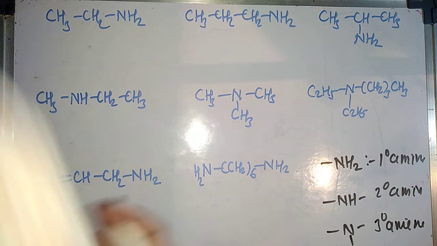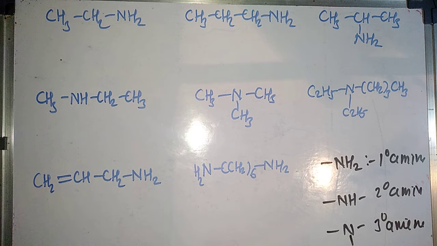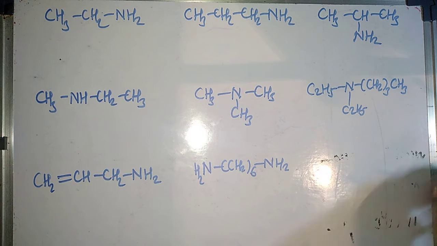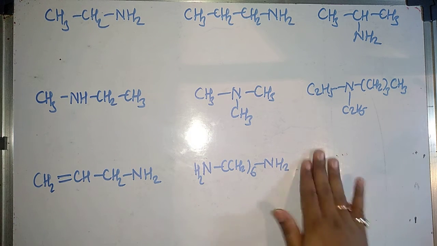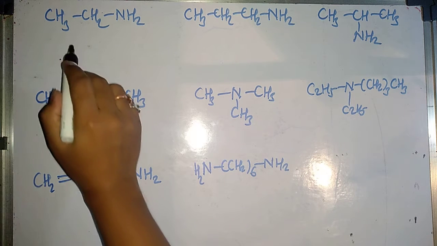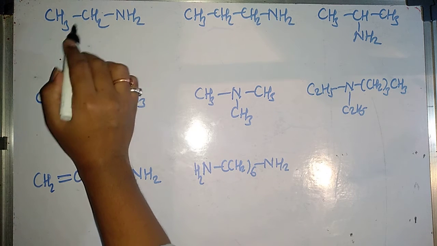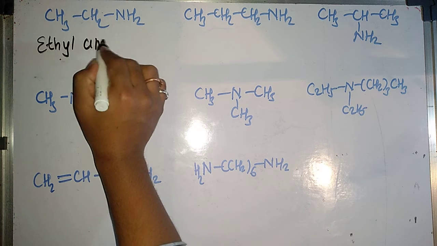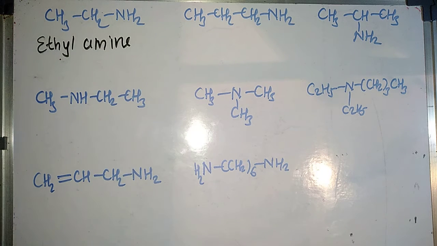Now we'll see the nomenclature of primary, secondary and tertiary amines. We will see the common names of these compounds first. So look here. Here we have an ethyl group, so I will write it as ethyl. NH2 means amine, so the name will become ethylamine. It is a primary amine because it contains -NH2 as a functional group.